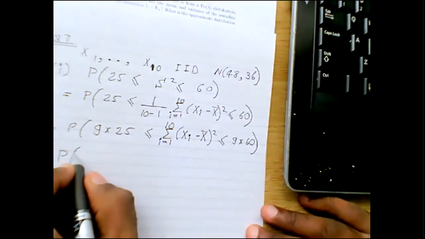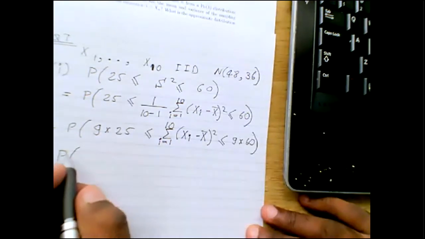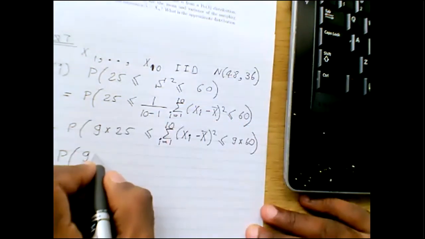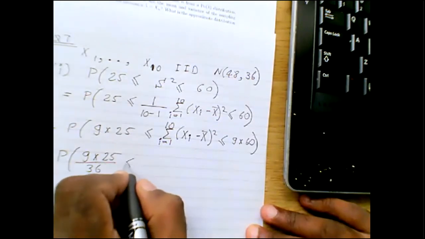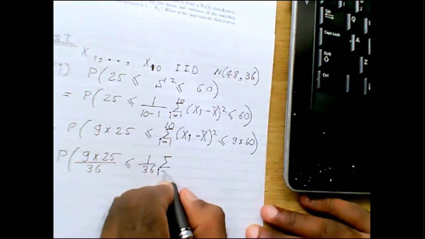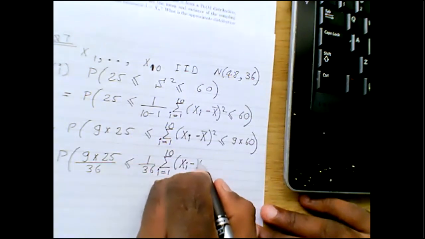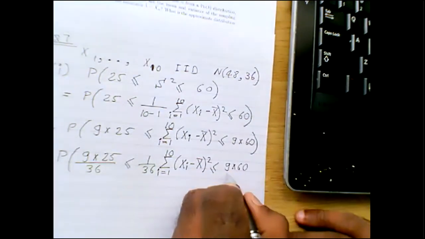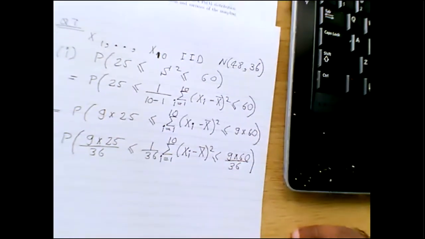Now what I'm going to do is divide everything here, this one and this one, by the variance, which is 36. You will see in a minute why I'm doing this. The reason is a property that we talked about in class.